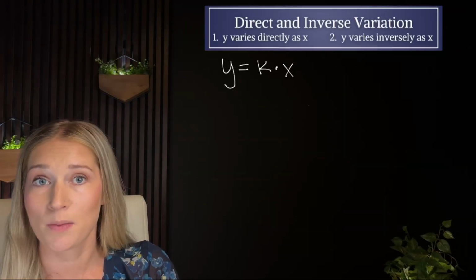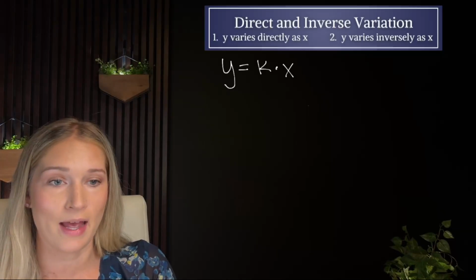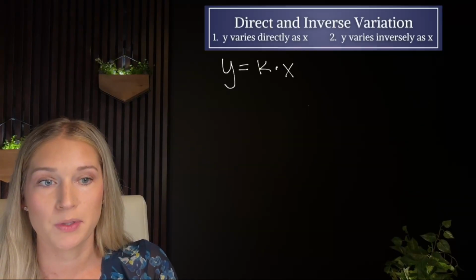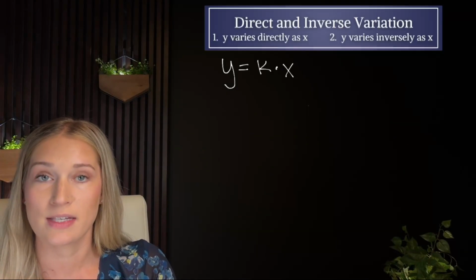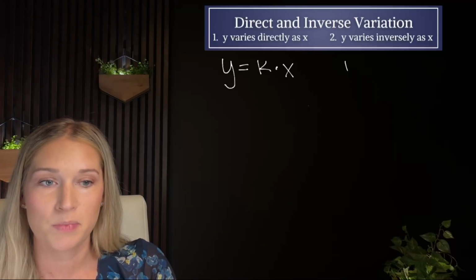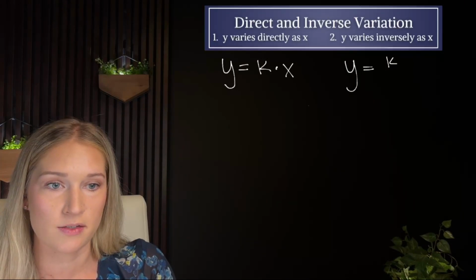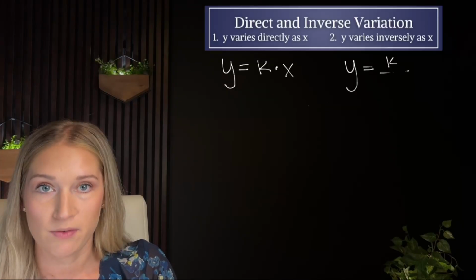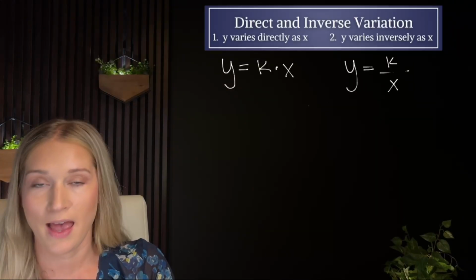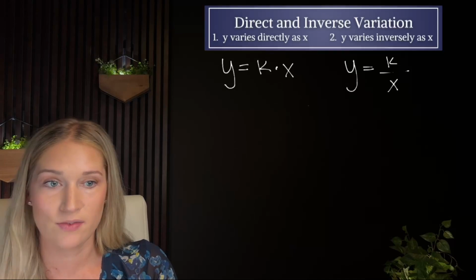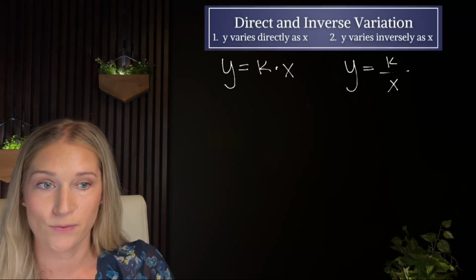And again, most commonly, you're going to see this represented with y and x. So in number 2 here, I have that statement y varies inversely as x. So that would be y varies inversely means y equals some constant divided by whatever follows, which in this case is x. So I have direct on the left and inverse on the right.